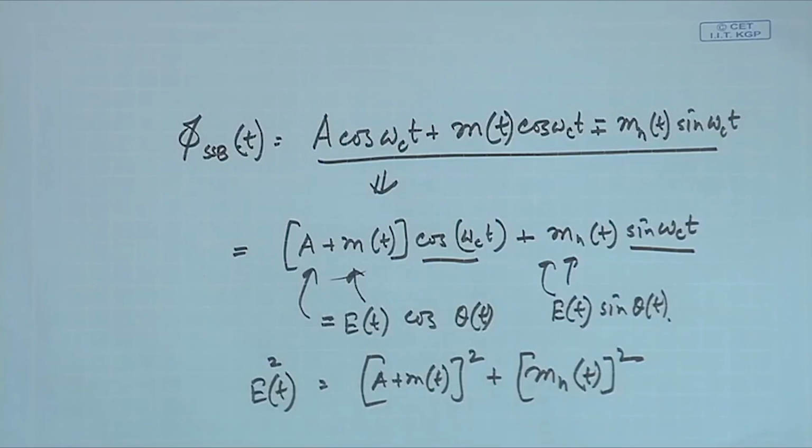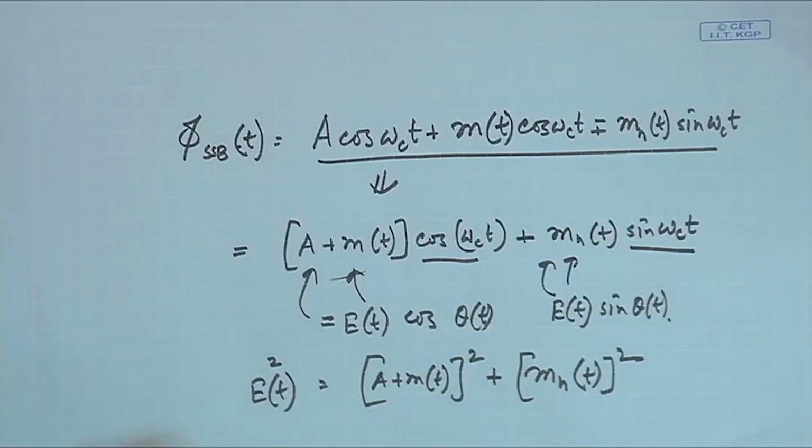It is a cosinusoidal signal whose amplitude is varying with time. It is no longer a constant term, it is a time-varying amplitude, similar to DSB or amplitude modulation we have done, where there was a carrier and the amplitude was modulated. The same thing is happening here. So E(t) is the envelope which is carrying the message signal in some way.